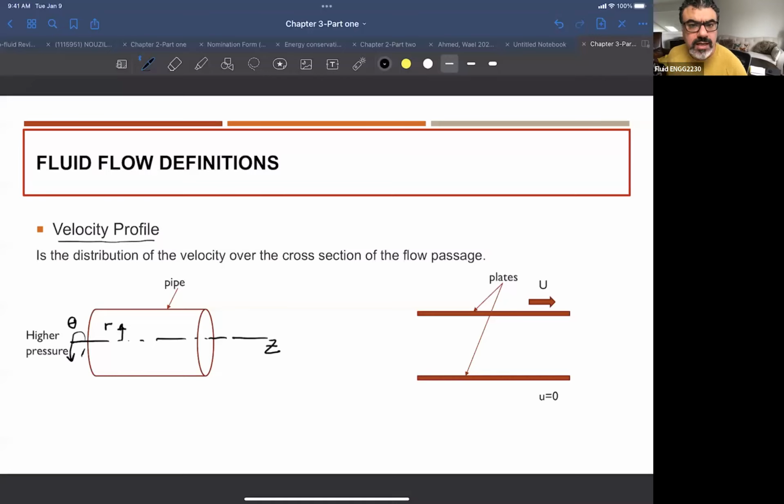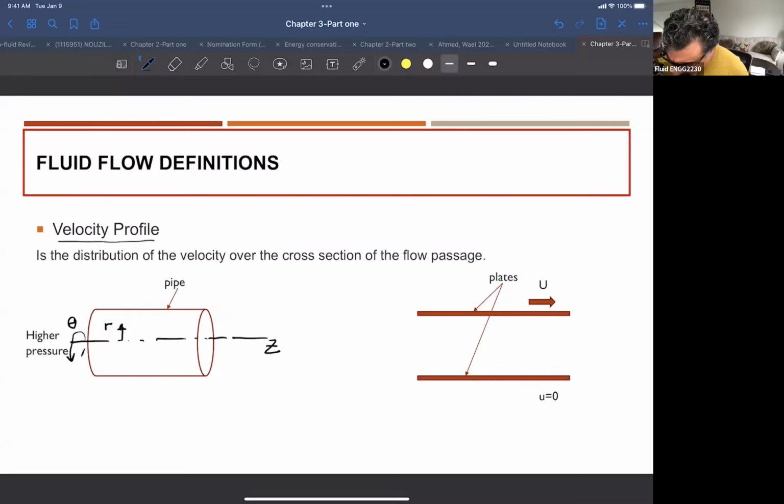So the cylindrical coordinates will be the best to describe the flow inside the pipe. So Z could be the axis and R is the radial direction, right? And basically theta is the circumferential, so the tangential kind of direction, the angular direction at a certain location.